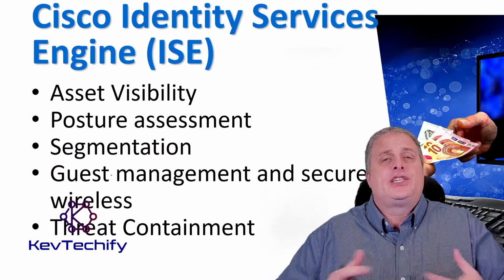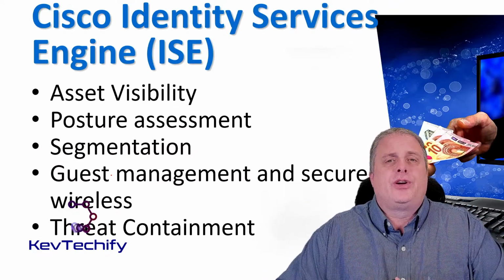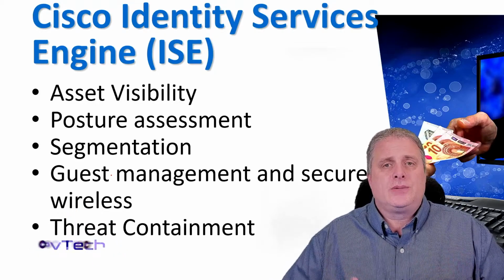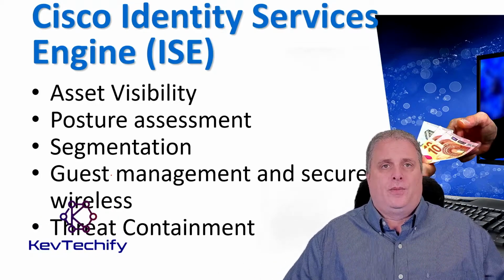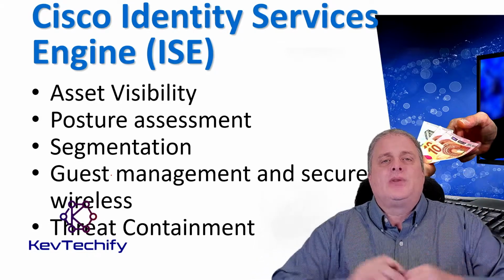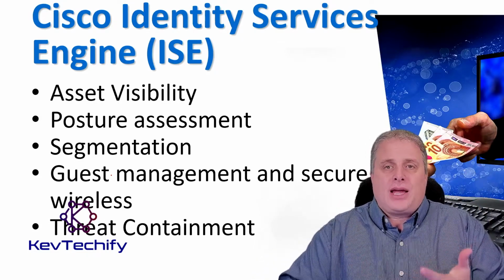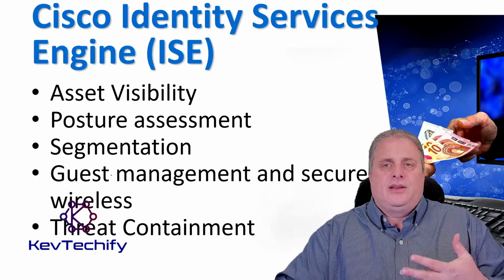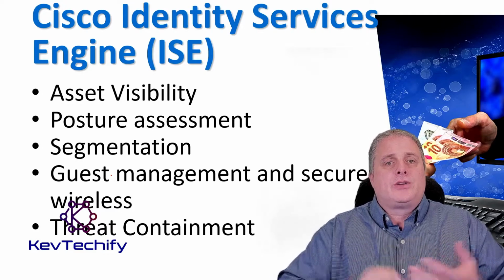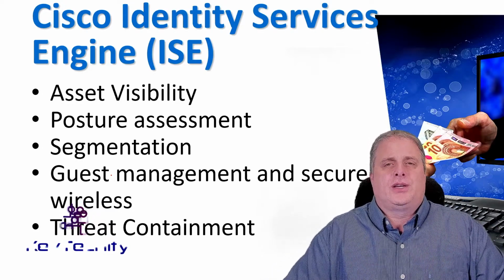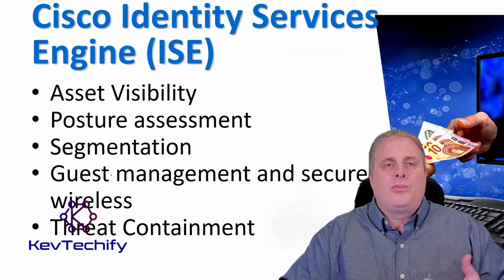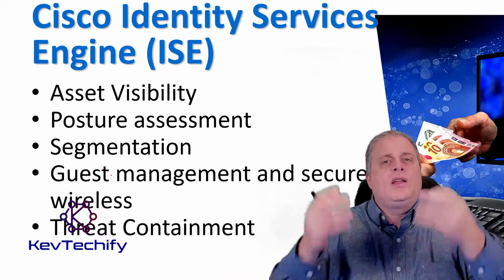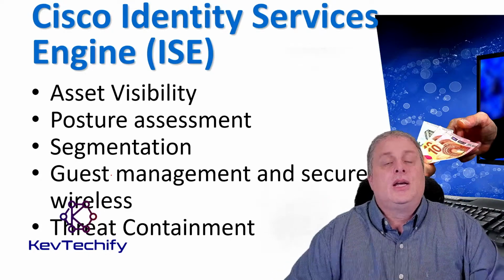Cisco's Identity Services Engine, which is commonly referred to as ISE, Cisco ISE, is an identity and access control policy platform. What this does is it enables enterprises to enforce compliance, enhance infrastructure security, and streamline their service operations. Cisco ISE combines policy definition, control, and reporting all into one appliance.